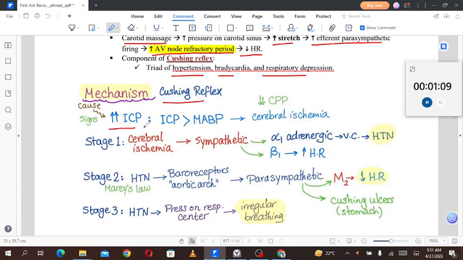Maybe there is some cranial injury, or maybe some tumor is in the brain, or some ventricular size is increasing, ventriculomegaly is occurring, or some stuff like that.